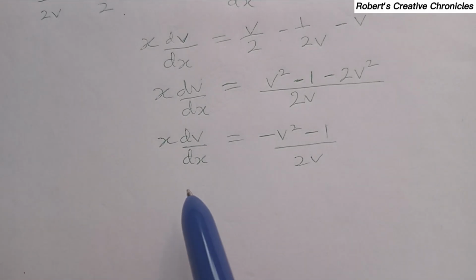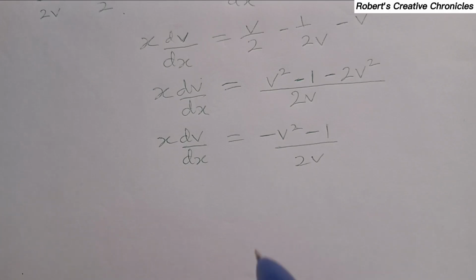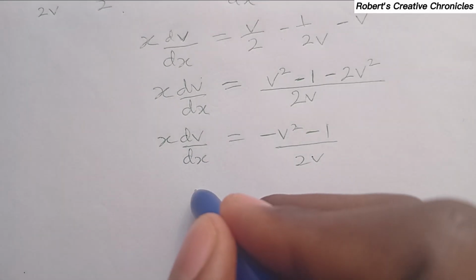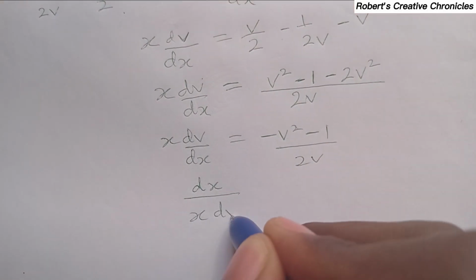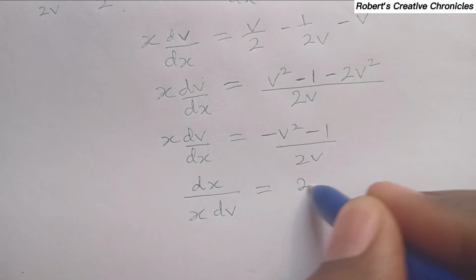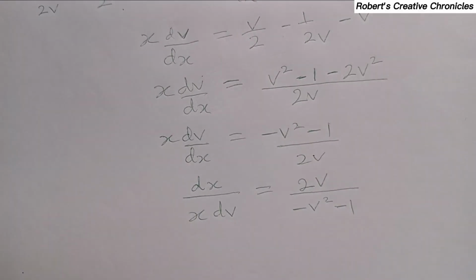So now we will take the inverse of both sides. So now if we take the inverse, it becomes the x over x the v, which will be 2v over negative v square minus 1.